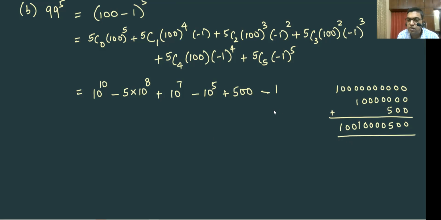Okay, this is the addition of the positive terms. The addition of the negative terms is 5 into 10 power 8, 5 into 10 power 5, 1 into 10 power 5, and 1.